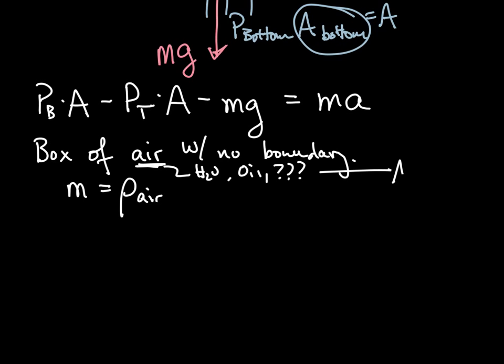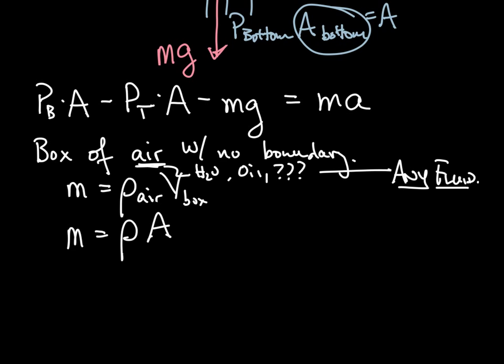Anything that's a fluid. The mass of this box will be the density of the air times the volume of the box. So in terms of the parameters we've defined, this is just going to be the density times the area of the top and the bottom times the height, because this will be the volume.